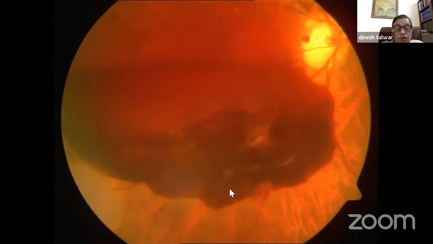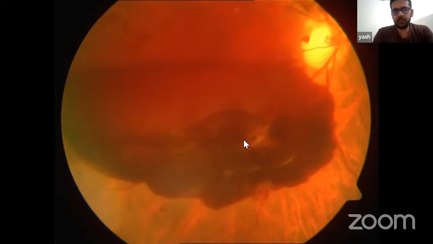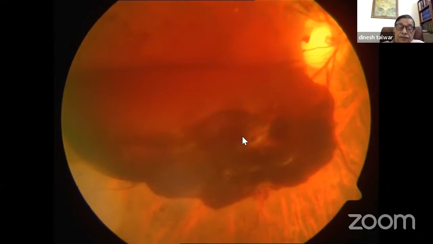How did you tell it was pre-retinal or retrohyaloid? Sir, it's pre-retinal because vessels are not visible beneath the hemorrhage. See, if you look carefully at the lower part, you can see it's blocking the vessels, and you can see the vessels below.